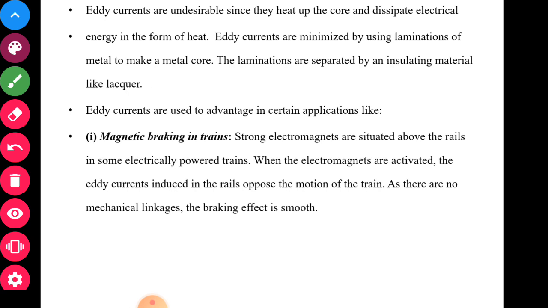When the electromagnets are activated, eddy currents are induced in the rail, which oppose the motion of the train. And what will happen? The brake will be applied smoothly. So magnetic braking in the train is used for smooth braking. You cannot have a sudden brake when the train is in motion.